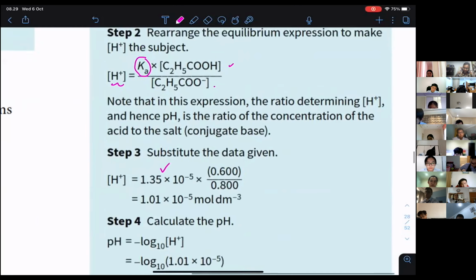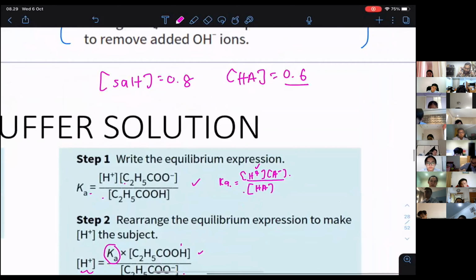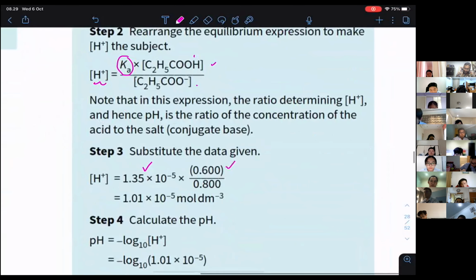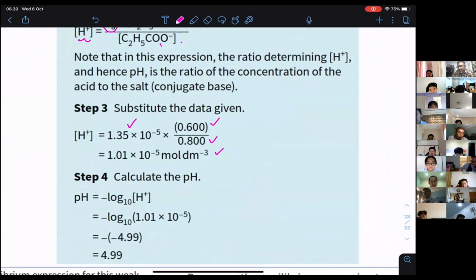This is the acid, the initial concentration only, take 0.6, divided by the salt, 0.8. And then you will get the concentration of H plus. Once you have that, I'm very sure you know how to do it already. pH is negative log H plus, and you will get the answer 4.99.